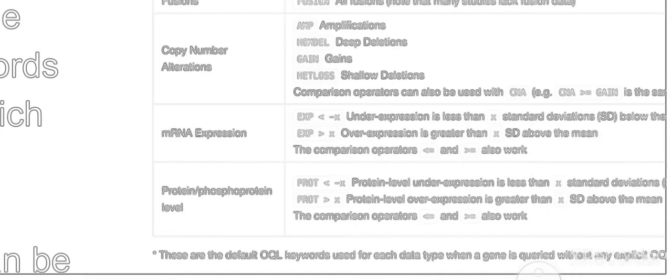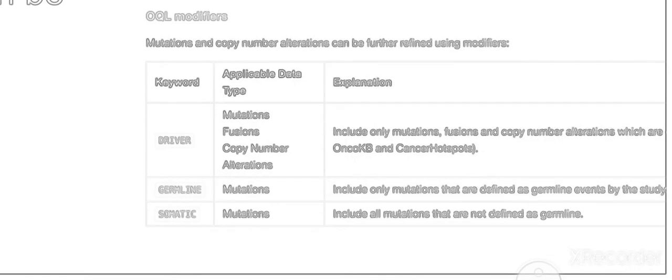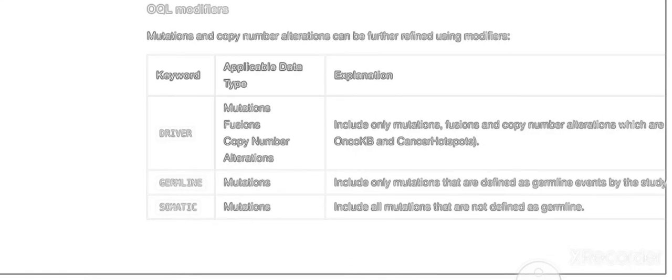These are copy number alterations, which can be amplification, deep deletions, gain, shallow deletions, and these are mRNA expression with their keywords, and protein and phosphoprotein level with their keywords. These are the modifier keywords: driver, germline, somatic, and the applicable data type is written over there.